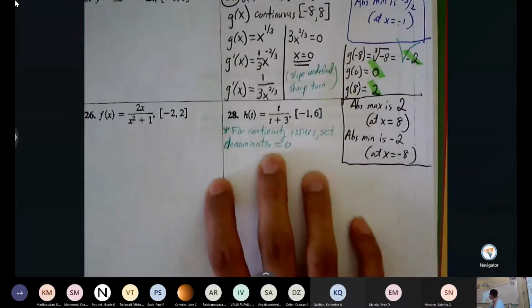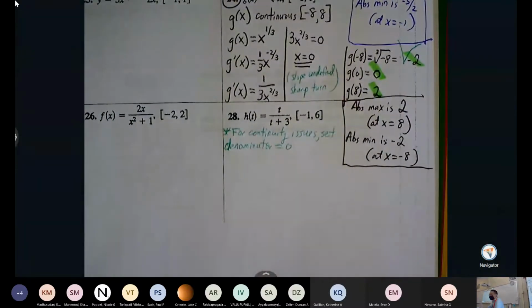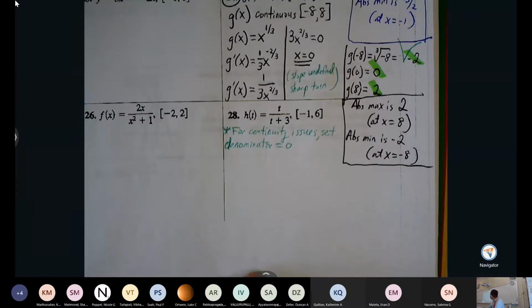Because if you set the denominator equal to 0, you're then looking for vertical asymptotes or holes, right? And those are going to give insight as to whether we're going to have issues with continuity with our interval.